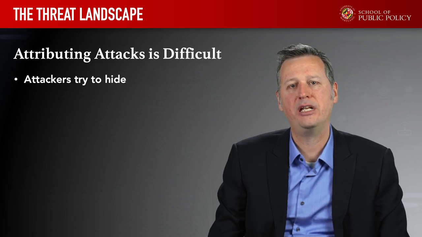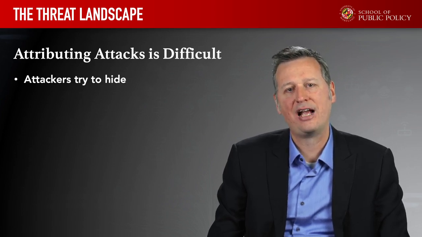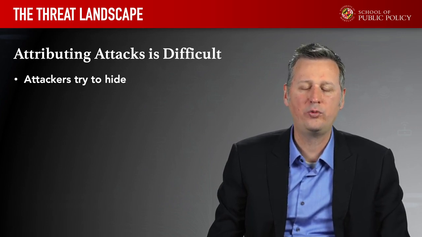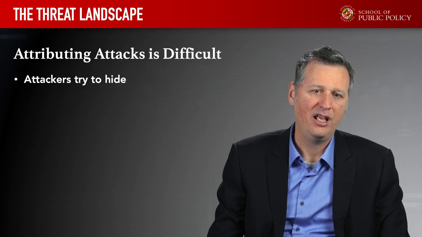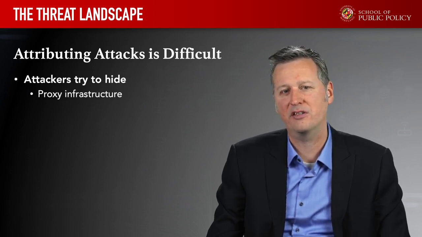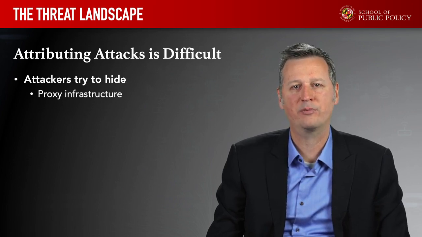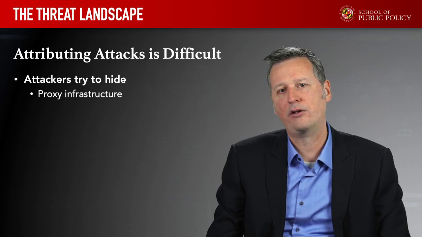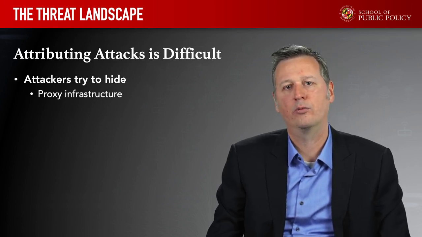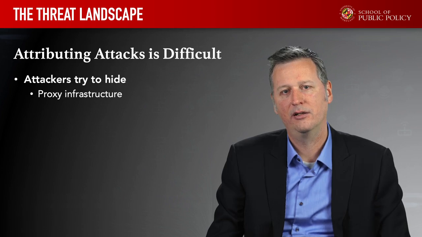Attribution, or the ability to identify who is actually responsible for the hacking activity, is really complicated. They use proxy infrastructure, the ability to use other devices to make it look like it's coming from somewhere else. So if the hacker is operating in Houston, Texas, they're actually rerouting all their communications through Romania.